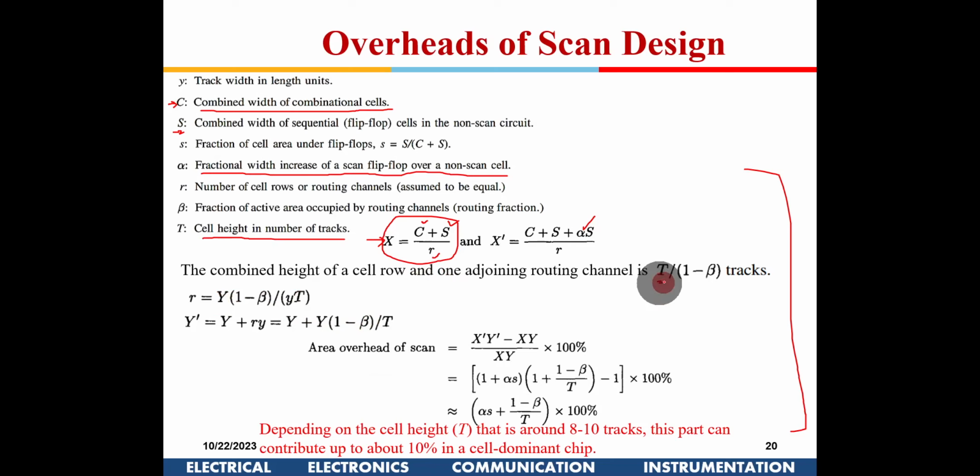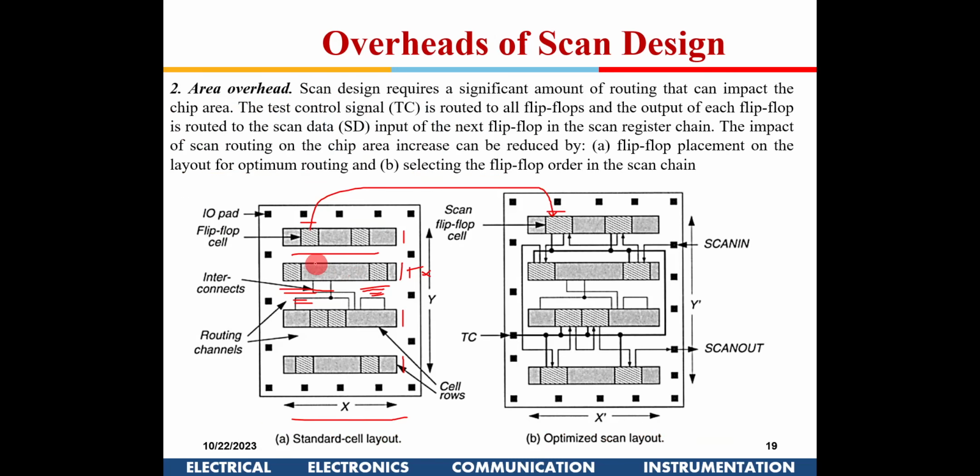Now beta is the fraction of the active area occupied by the routing channel. These routing channels, even without the scan design, will also consume space, right?